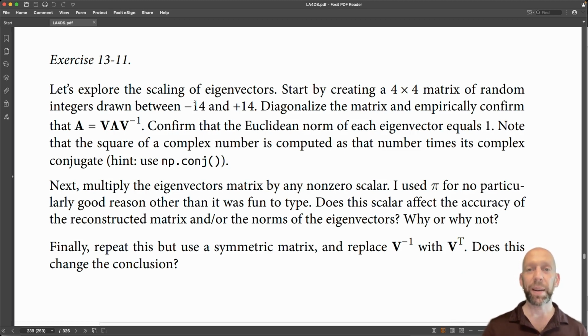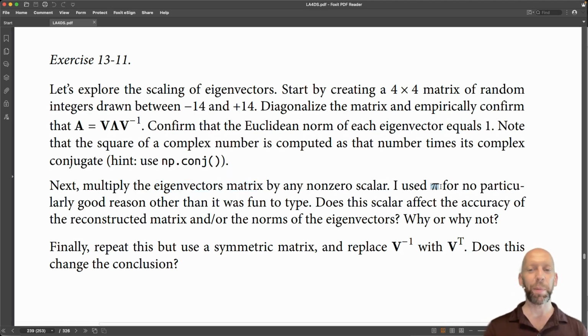With that in mind, what you are going to do in this exercise is compute the norm of each eigenvector. First you're going to confirm that the norm of each eigenvector is 1, and then you are going to multiply the eigenvectors matrix by any scalar you want.